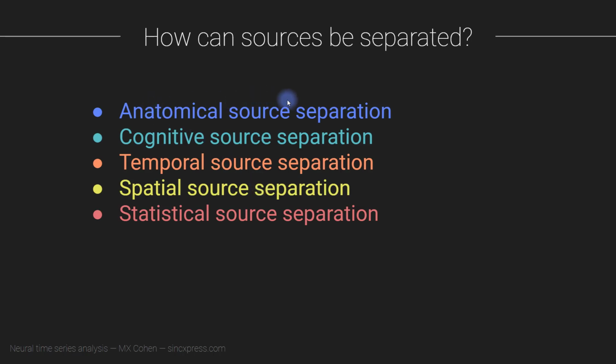So one is anatomical source separation. So for example, you say, well, the brain is really complicated. I can't possibly hope to understand all of it. So I'm just going to study one part of the brain based on anatomy. So let's say I'm just going to study the amygdala. I know that the amygdala is only one small piece of the brain, but I'm going to just study the amygdala and not anything else. So that is anatomical source separation. We can also have cognitive source separation.